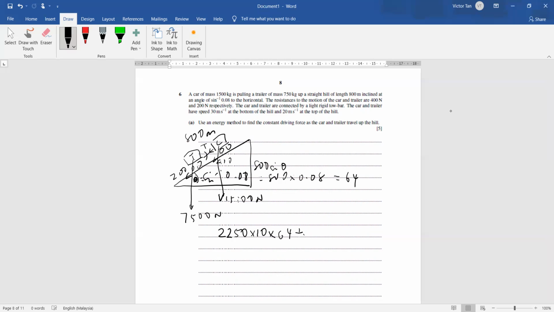Plus the work done against friction. Total friction is 600 times the distance 800 meters.